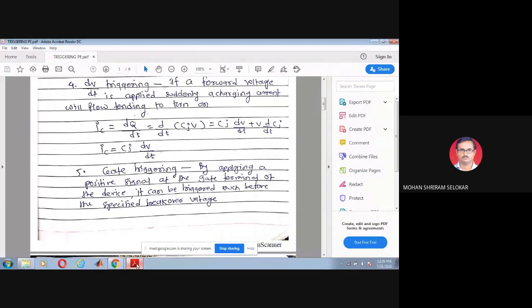I mean to say that for a small value of forward current, I can use the gate triggering method. No doubt, the current flowing through the SCR is proportional to the forward voltage, but it is possible only with the help of gate triggering. I'm not saying that it is not proportional to the gate current.